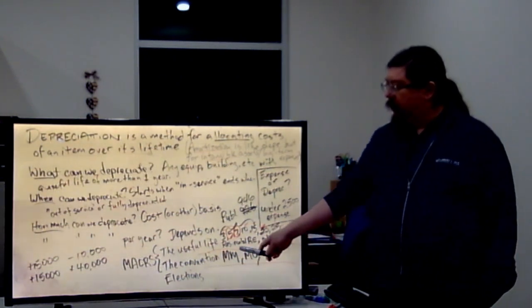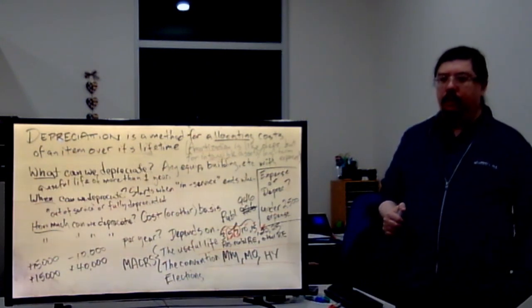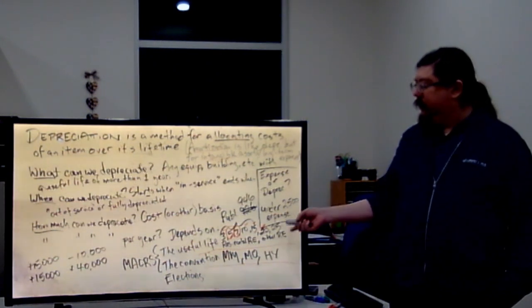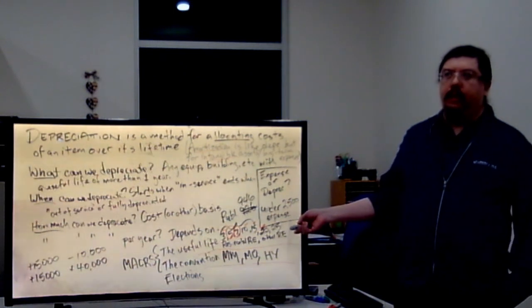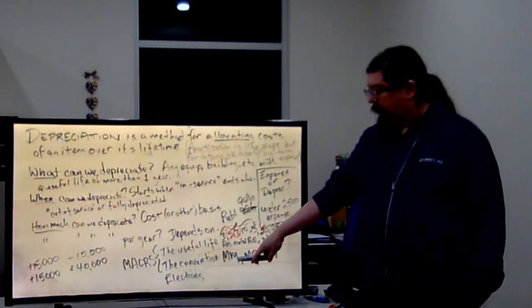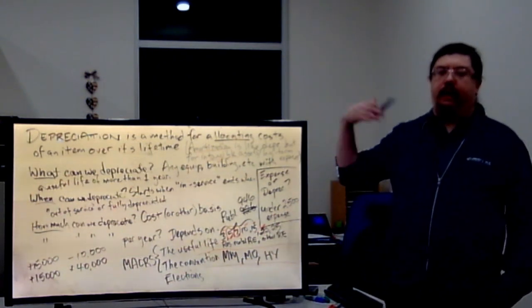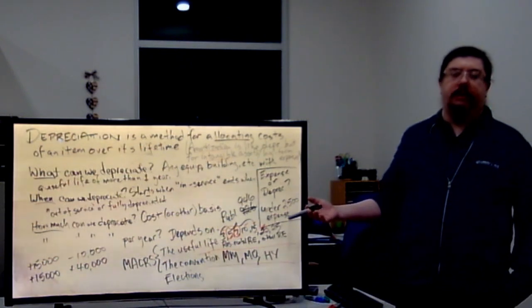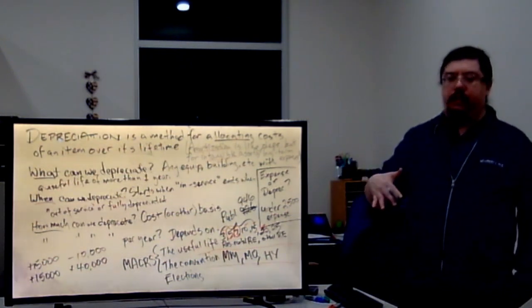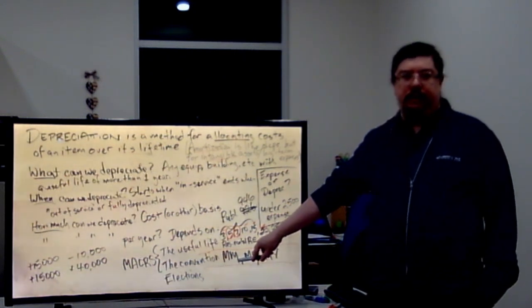So it doesn't matter what month you place your property into service, if it's a building, or real estate, which also includes any essential components of a building. So if I started renting out my house in March, doesn't matter whether it was March 1st or March 31st, I get half a month's worth of depreciation.